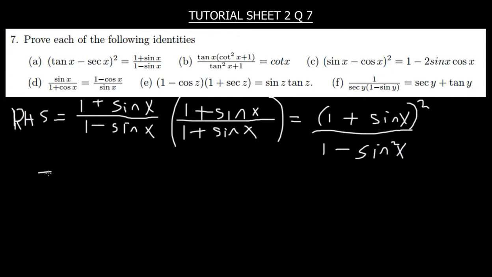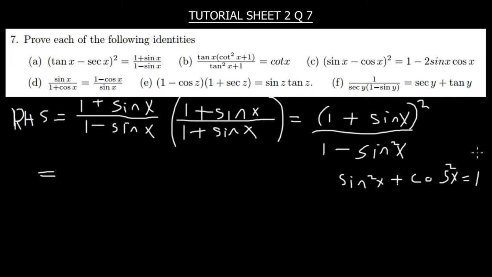So you can also write this as, from this identity here, 1 minus sine squared x. Sine squared x plus cos squared x, you get a 1.